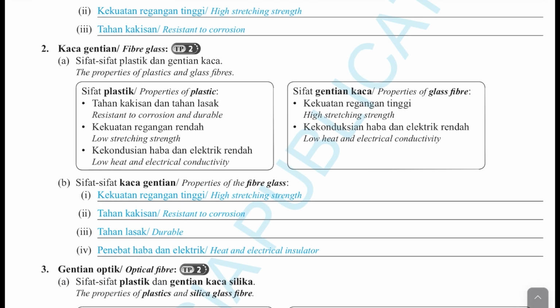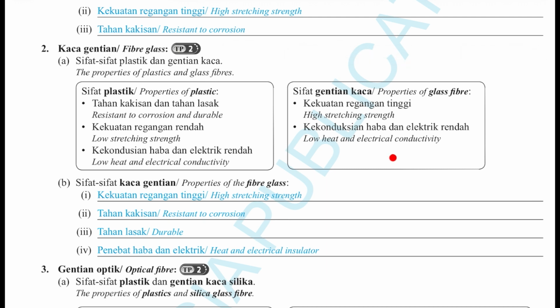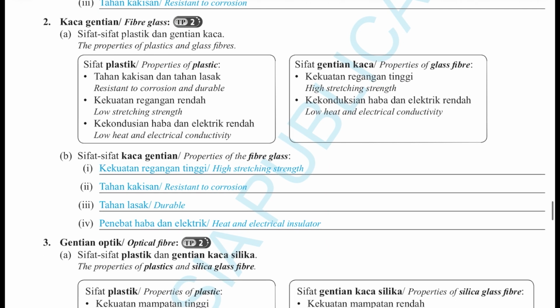Okay, fiberglass. The properties of plastic and glass fibers. Properties of plastic, resistant to corrosion and durable, low stretching strength, low heat and electrical conductivity. The properties of fiberglass, high stretching strength, low heat and electrical conductivity.